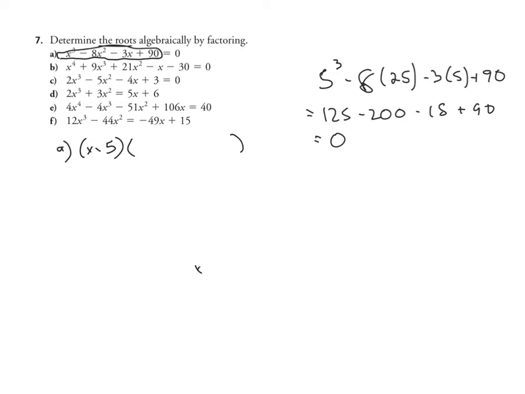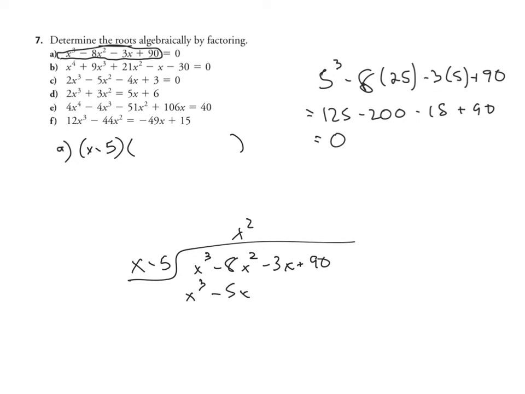Let's find the other one. x cubed minus 8x squared minus 3x plus 90 divided by x minus 5. We got x squared, which is x cubed minus 5x squared, -3x squared. So we got minus 3x, -3x squared plus 15x.